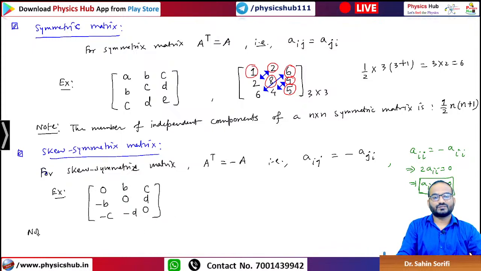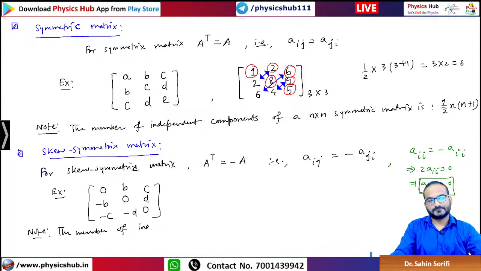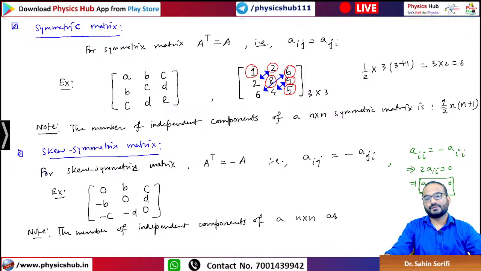Now here, what is the formula for the number of independent components of an n by n skew-symmetric matrix? Skew-symmetric is also called antisymmetric. For an antisymmetric matrix it is half times n into n minus 1. Only a minus sign will be there.